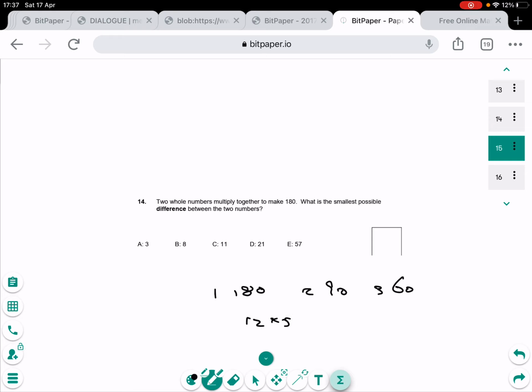So you can times 5 by 3, so that becomes 15 and 12. And you can test that out if it works, but the smallest difference is A, so it's 3.